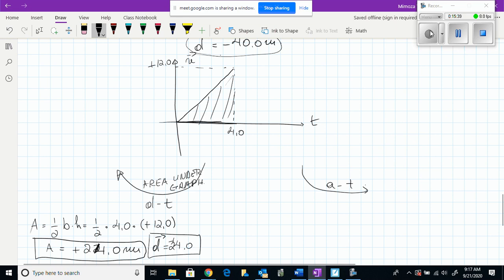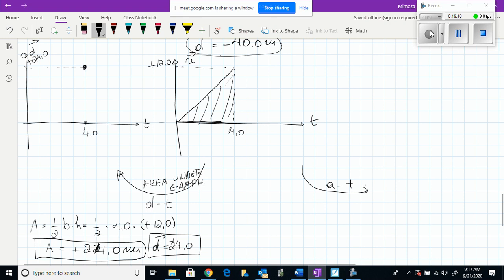So now let's start constructing the displacement time graph. 4 seconds, let's suppose that is somewhere in here. And at 4 seconds it is going positive 24. So positive 24, based on the scale, will be somewhere in here. So good.